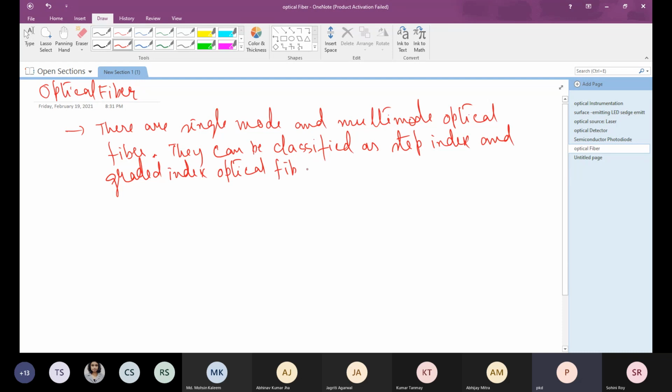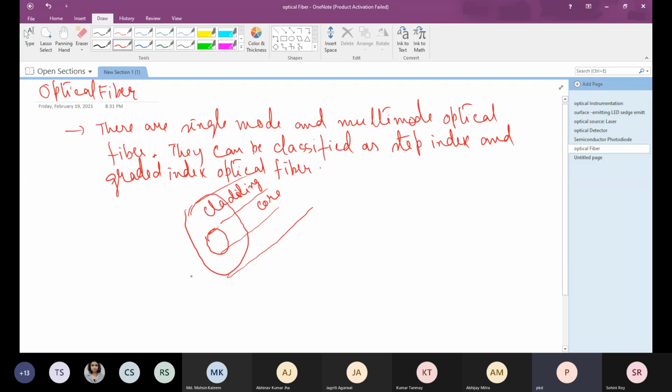Most of the theoretical analysis is simpler for step index optical fiber. So this is the core, this is cladding.